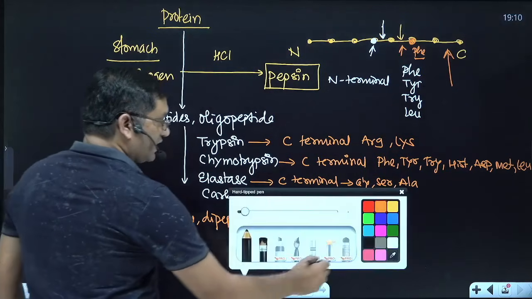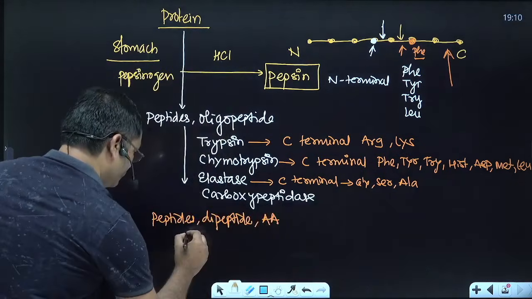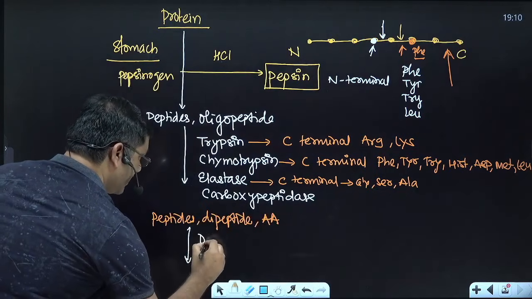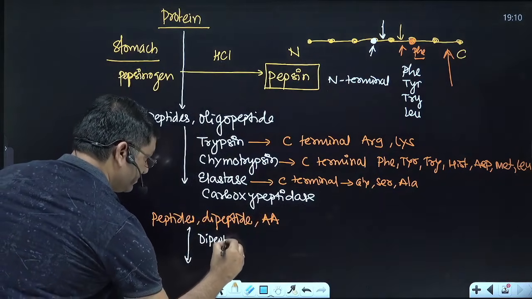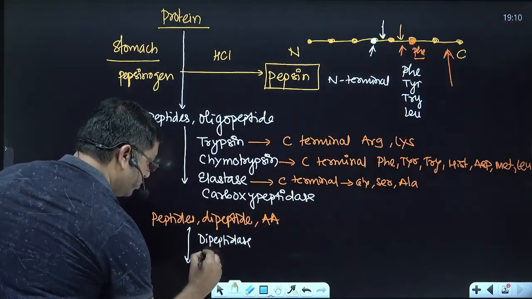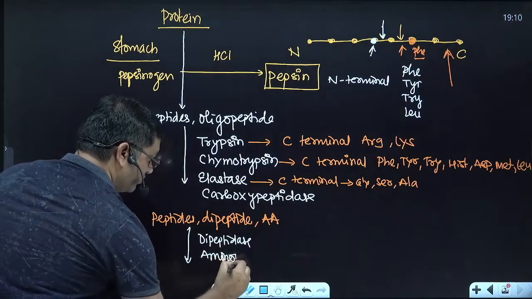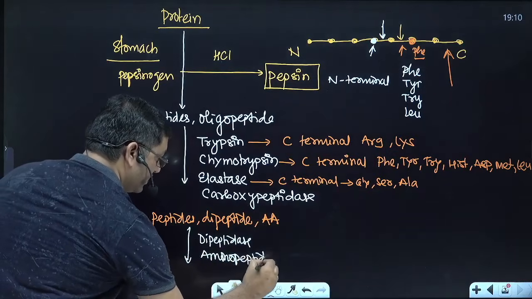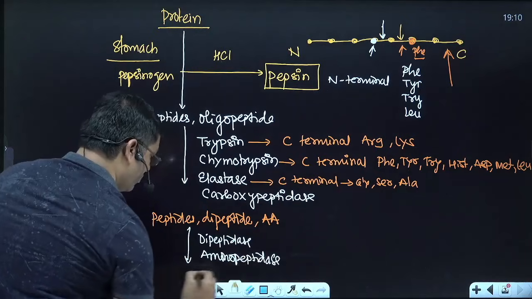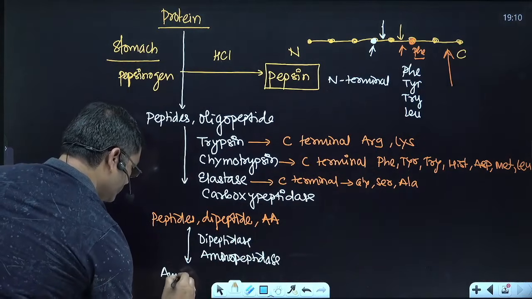These are further acted upon by the dipeptidase, then aminopeptidase from the intestinal mucosal cell, and there is formation of free amino acids.